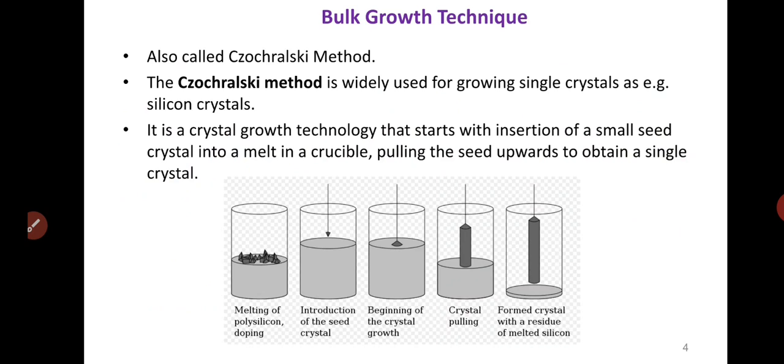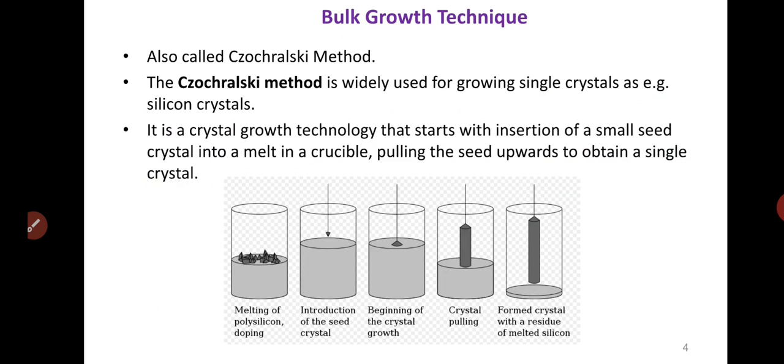In this method, a seed crystal is lowered into the molten material and then is raised slowly, allowing the crystal to grow onto the seed.